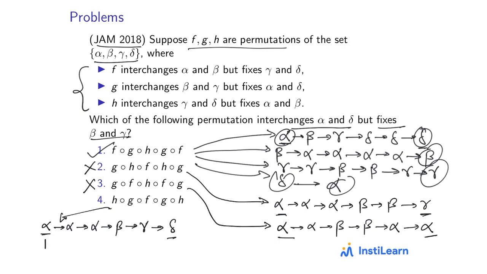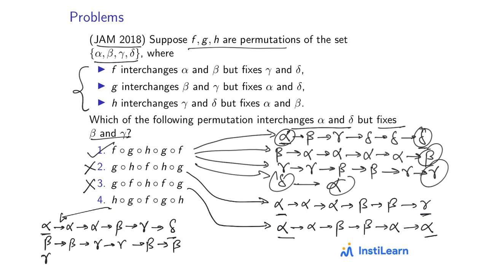So far it is fine. Now let's look at beta. H of beta is beta, G of beta is gamma, then F of gamma is gamma, and then G of gamma is beta, and H of beta is beta. So beta is fixed, which is again good.